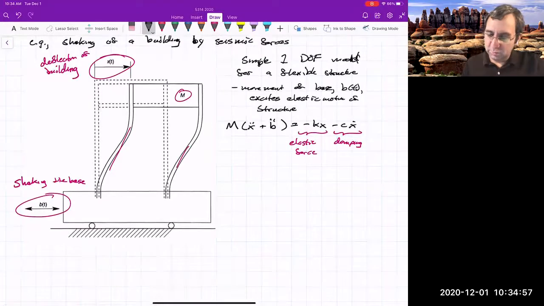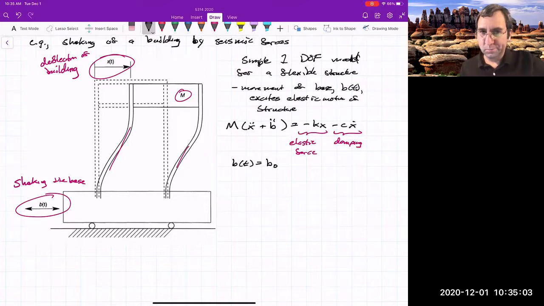If the base moves with an amplitude b naught, so I don't know what that is, maybe a few centimeters, times cosine capital omega t. So this is the frequency of oscillation, it's capital omega.